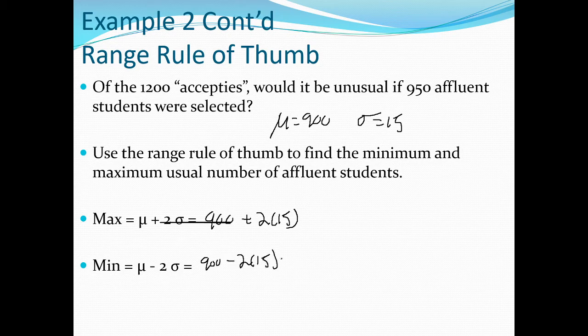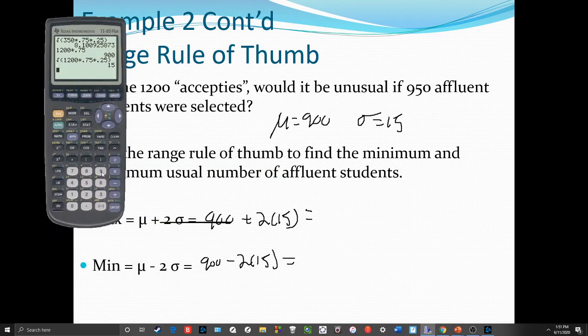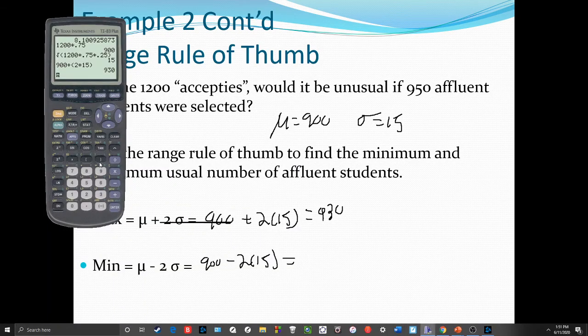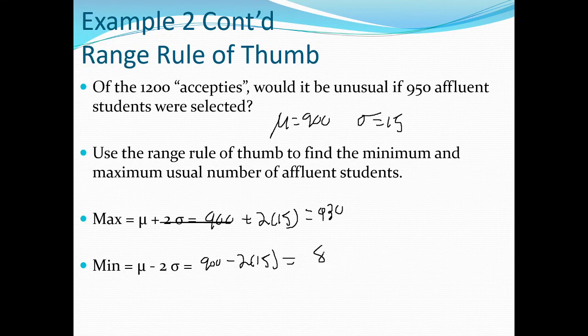These would be the upper and lower bounds of my range here. 900 plus 2 times 15 gives us 930, and 900 minus 2 times 15 gives us 870. So between 870 and 930 are our usual boundaries.